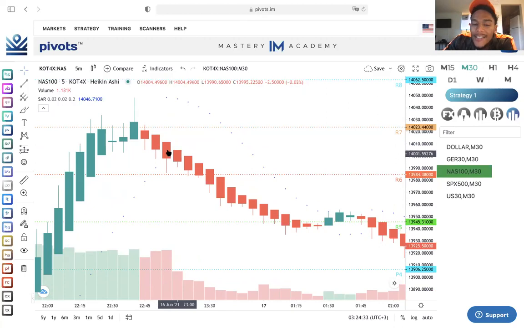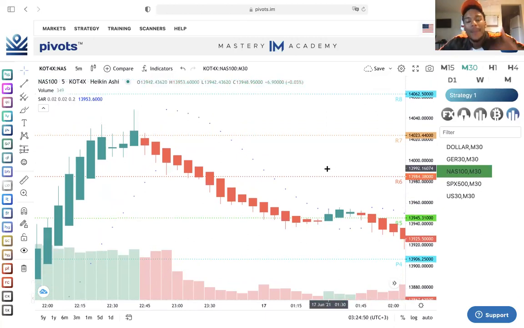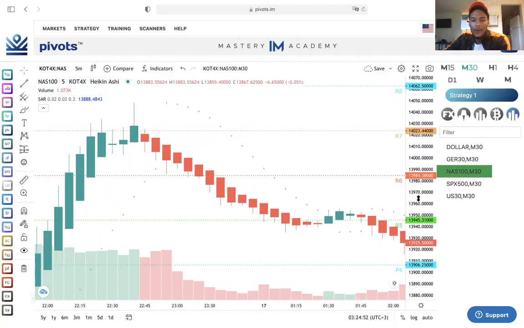Two flat tops for a sell, or two flat bottoms for a buy. If that makes some sense, type some threes in the chat. If y'all need me to explain it again, let me know.